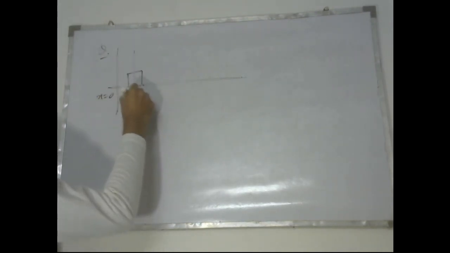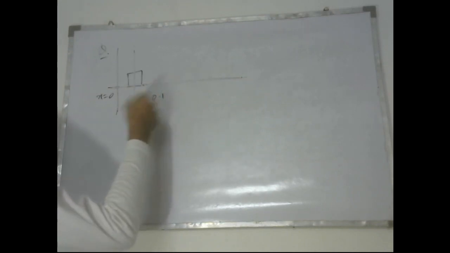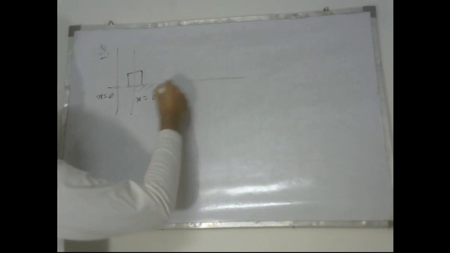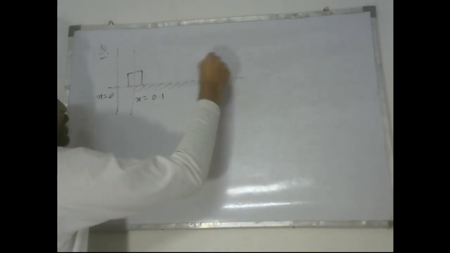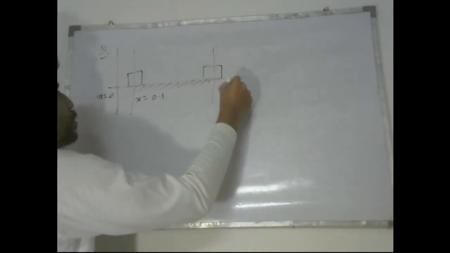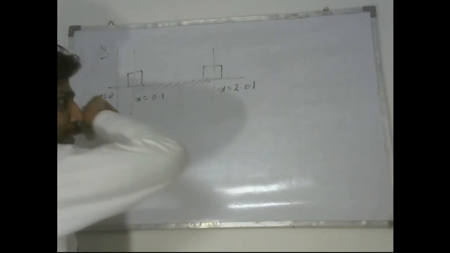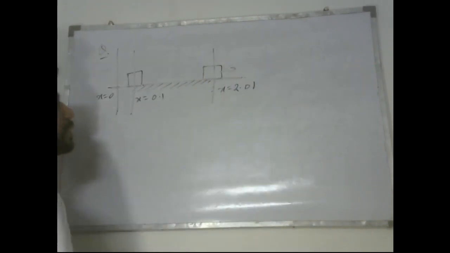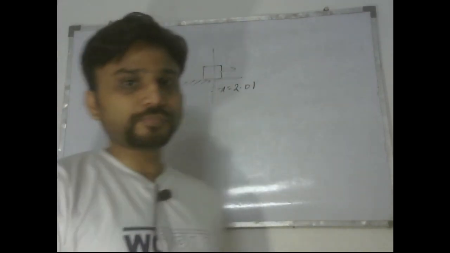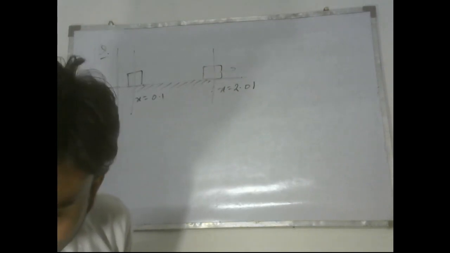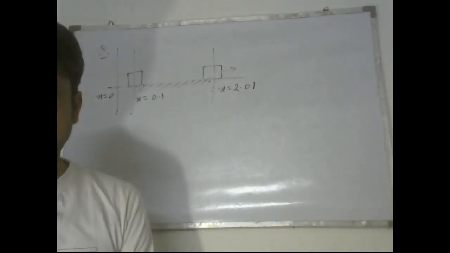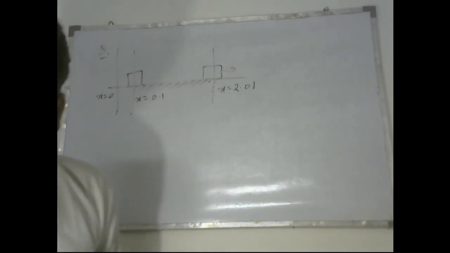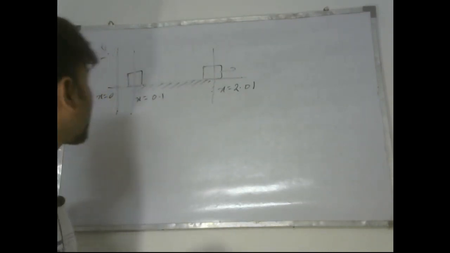From x equal to 0.1 meters, I guess, it starts experiencing a rough patch, and up till the point x equal to 2.01, it continues experiencing a rough patch, after which it leaves the surface. We are given the mass of the block: the mass of the block is 1 kg.